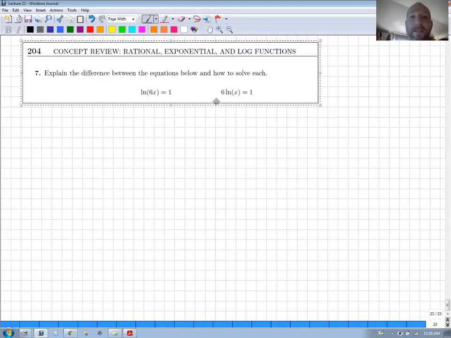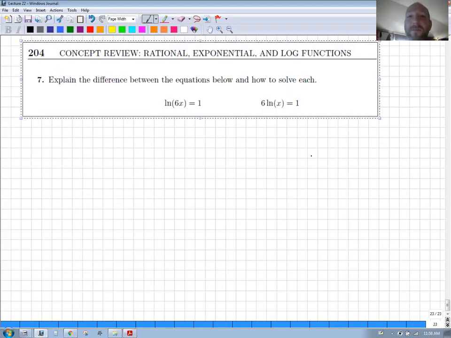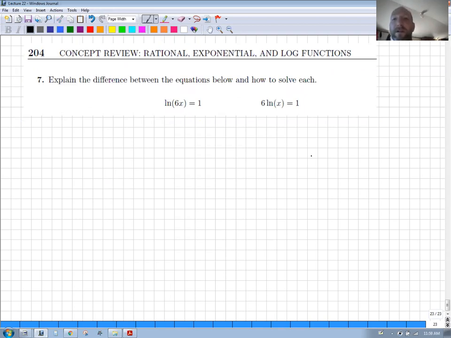All right, explain the difference between the equations below and how to solve each one. So this first one here, to get the 6x out, we do e to the power of both sides. And we get 6x equals e to the first power, which is just e. So x would be e divided by 6.